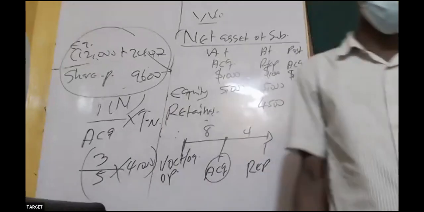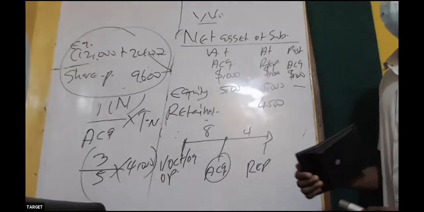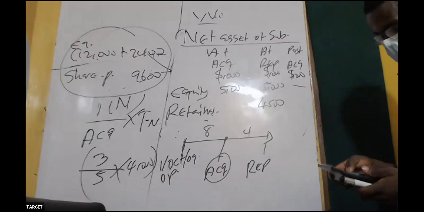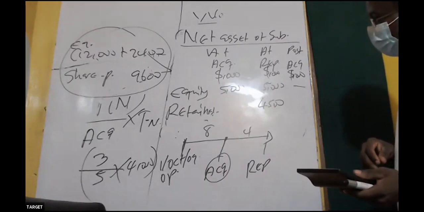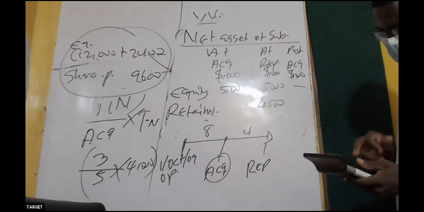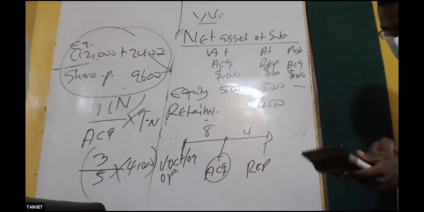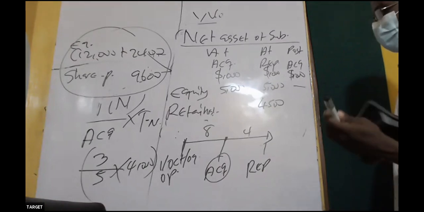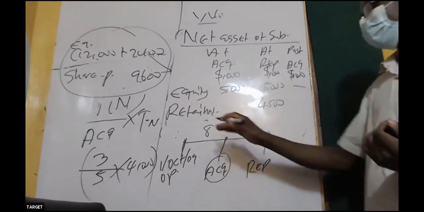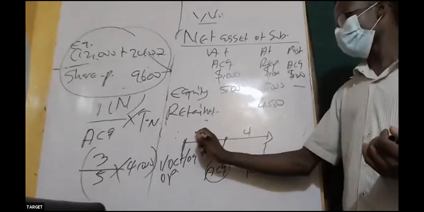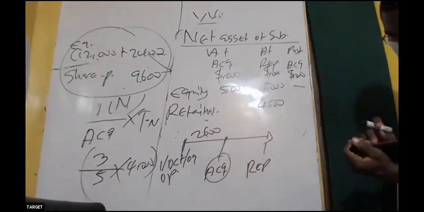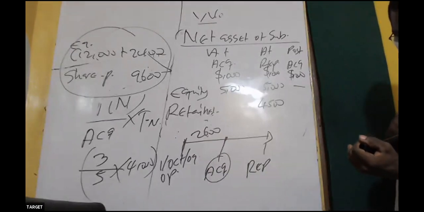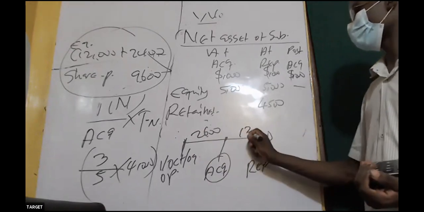Share it between 8 months and 4 months. So 3,900 times 8 divided by 12 is 2,600. So for 8 months, the profit made is 2,600. Profit made for the last 4 months is 3,900 minus 2,600, that's 1,300.